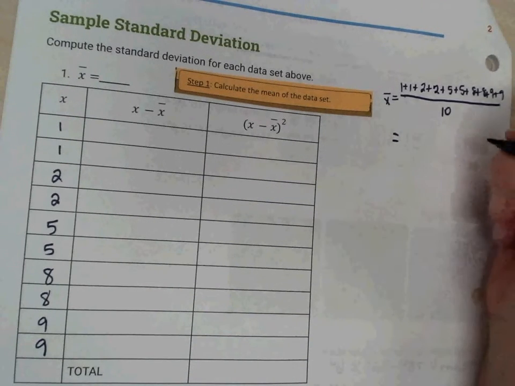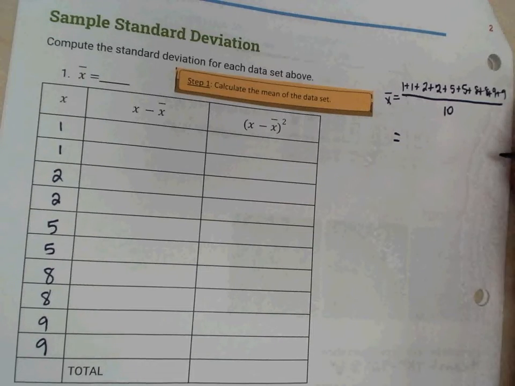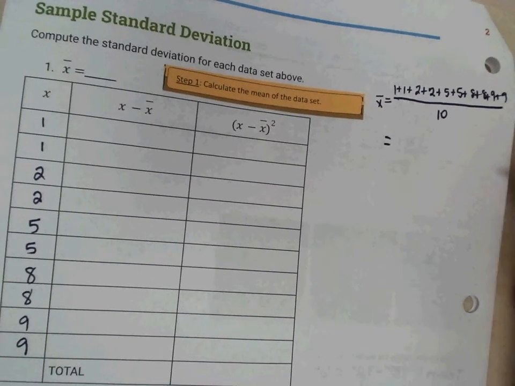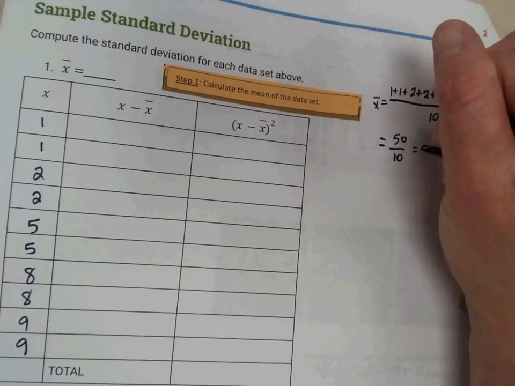What do you get? Add them all up, divided by how many there are. What'd you get? 5. Yep, so 50 divided by 10, which is 5. X bar equals 5.